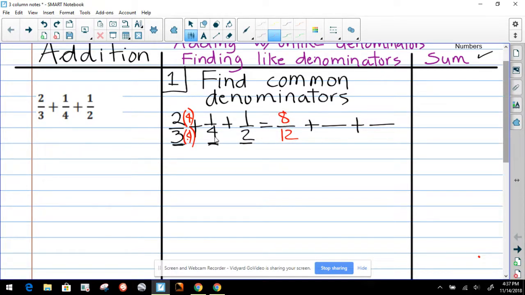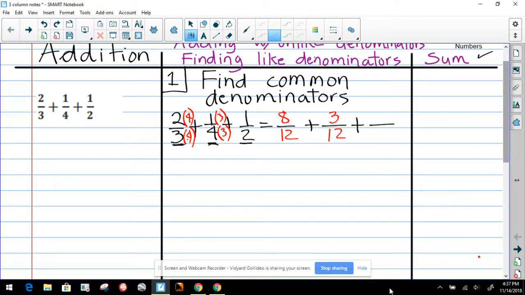Now, I got to make sure this also has a common denominator, and I can multiply the 4 times the 3, and that's going to make it 12. So the numerator has to be multiplied by 3 as well. And when we multiply, we say 1 times 3 equals 3 on the numerator, and 4 times 3 equals 12.